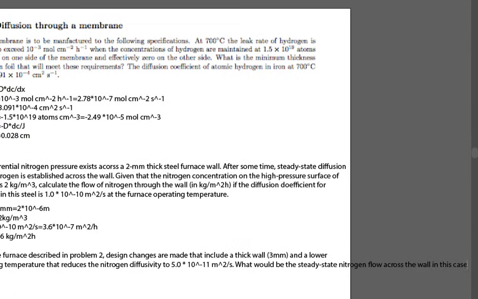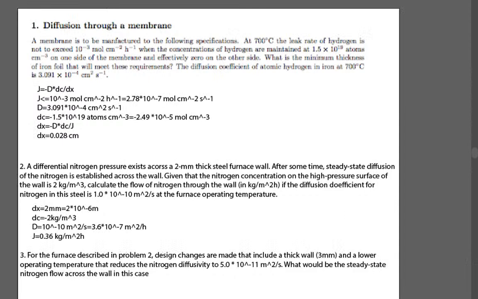Okay, let's see. So there are some changes. We just need to change a little bit, but the rest should be the same. The first thing is that the dx actually changes to 3 millimeters, or 3 times 10 to the power of negative 6 meters.